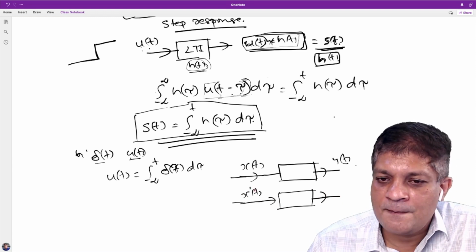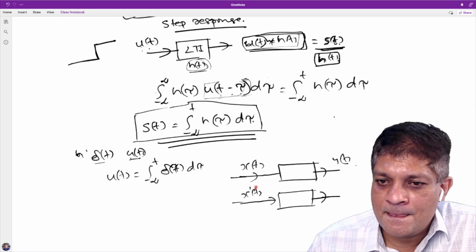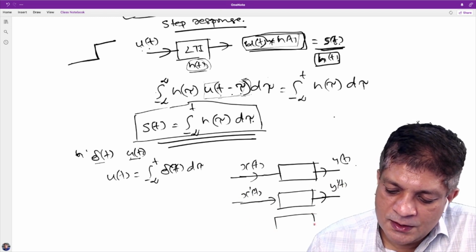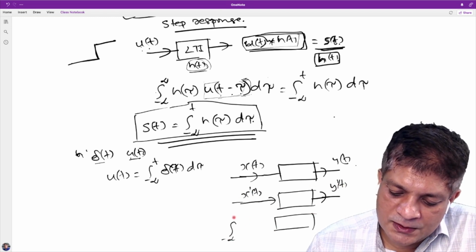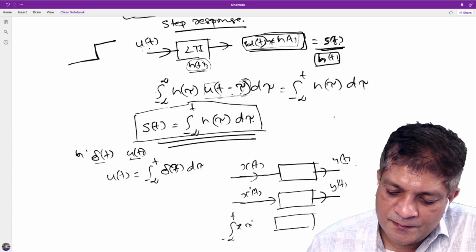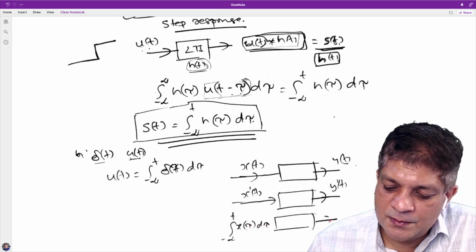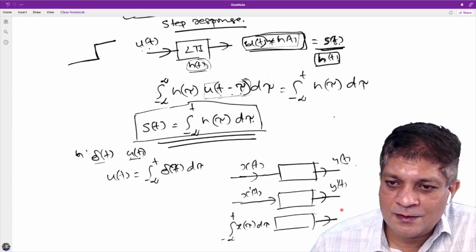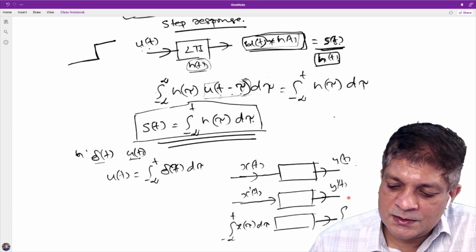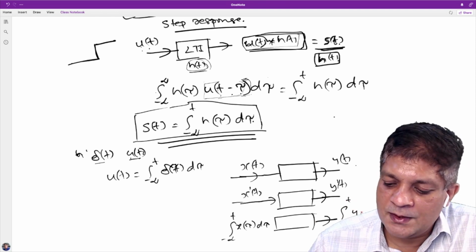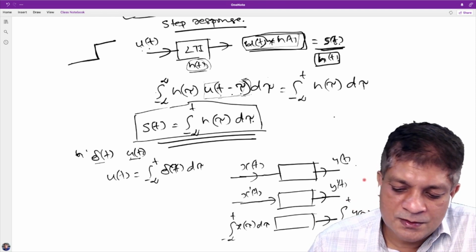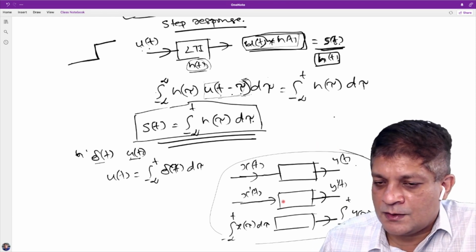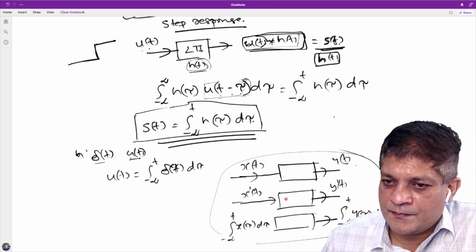It will be y dash(t). And if you give the integral of x(t) as the input, the output will be the integral from minus infinity to t of y(tau) d tau. These are important properties. I derived this in Tuesday's class.